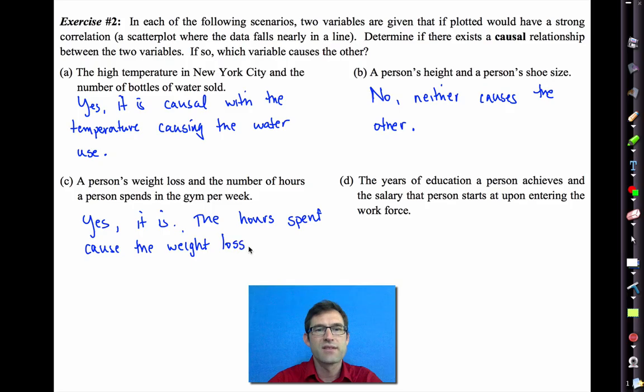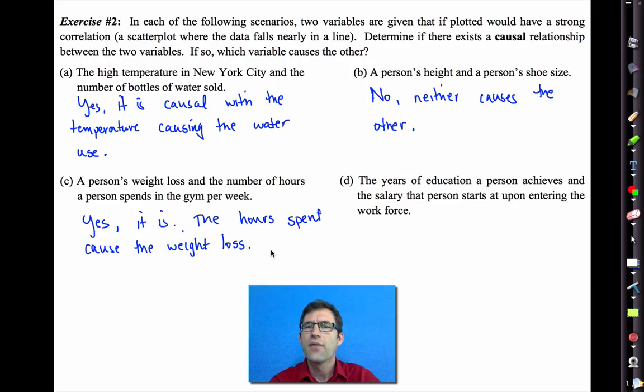In other words, it's not that you lose weight and that causes you to spend time in the gym, although an argument could be made that the more weight you lose, psychologically, that makes you more motivated to go into the gym, etc. So, I don't know, maybe that's not as cut and dry. I think if you give a good explanation either way, it would be fine, right?